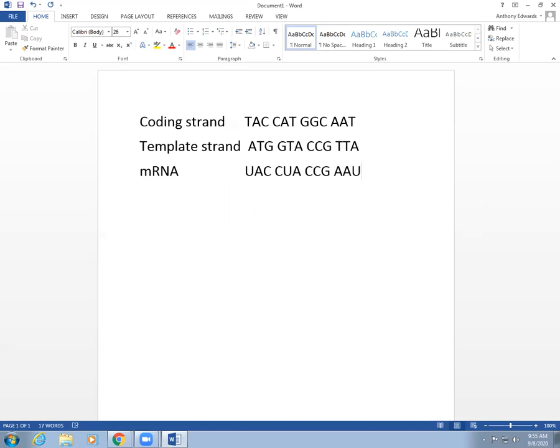So the mRNA looks like the coding strand, except all the T's are replaced with U's. And that's just going to take practice. So if that's not quite making sense just yet, don't worry about it. But I just wanted to show you that so you at least had something to start thinking through.